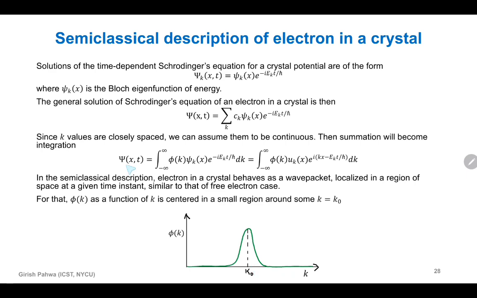Whenever we have something like this, we will get a wave packet. Why am I saying that? Look at it closely. This is nothing but a Fourier transform. Now what happens in the Fourier transform? Whenever you try to contain the information in, say, frequency space, you get some spread in real space, the x space.